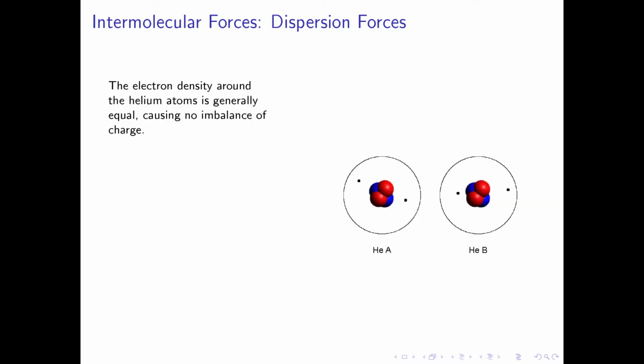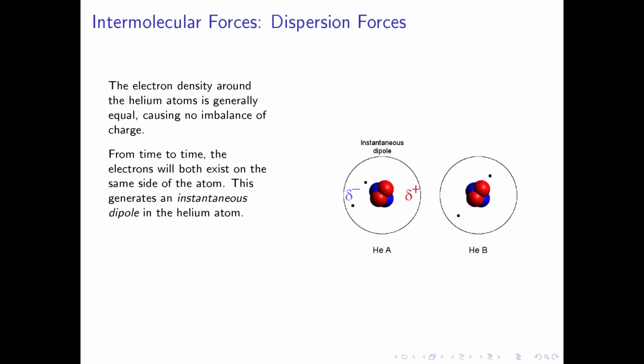Let's consider two helium atoms. Recall that helium has 2 electrons in its valence shell. The electron density around the helium atoms is generally equal, causing no imbalance of charge. This is visualized on the right, where the electrons tend to be on opposite sides of the nucleus.